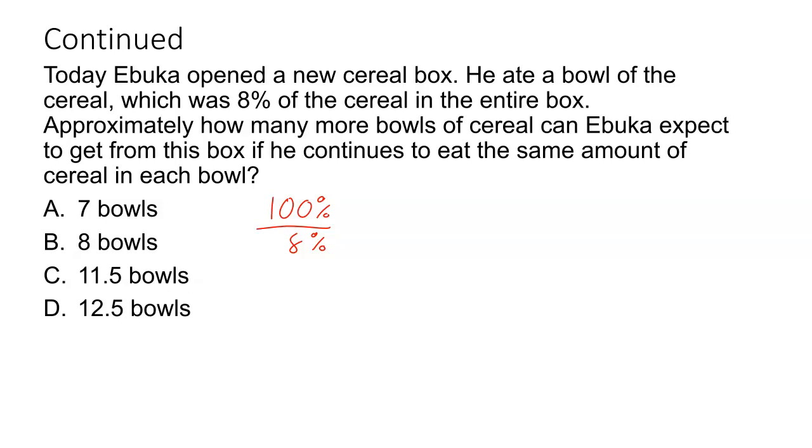That's going to give you 12.5. So the box contains 12.5 bowls of cereal. He ate one, so we need to take away the one he already ate, because it says, how many more? We're left with 11.5.